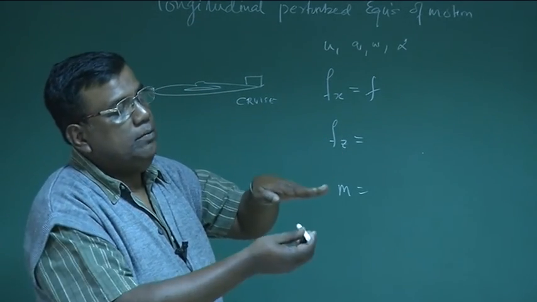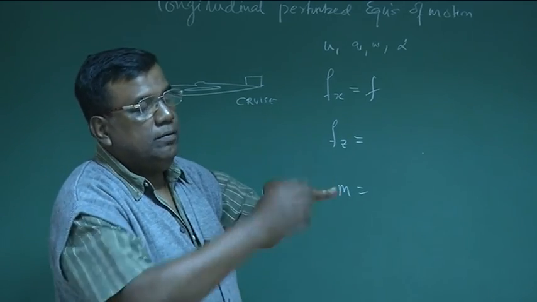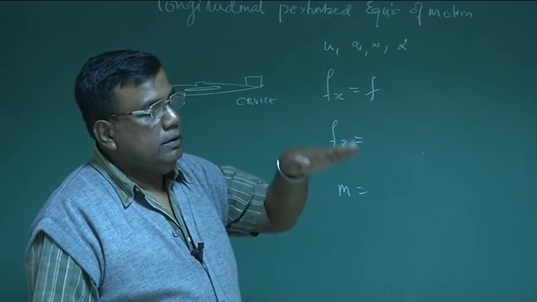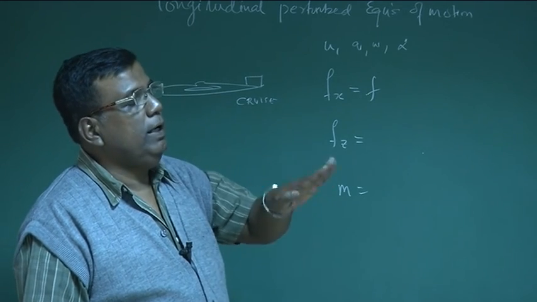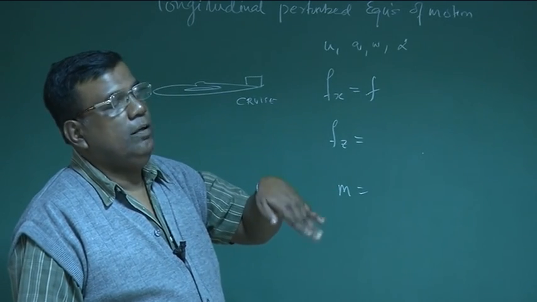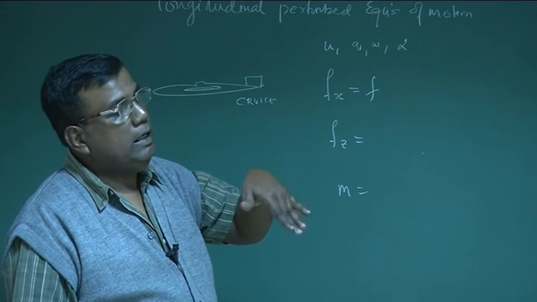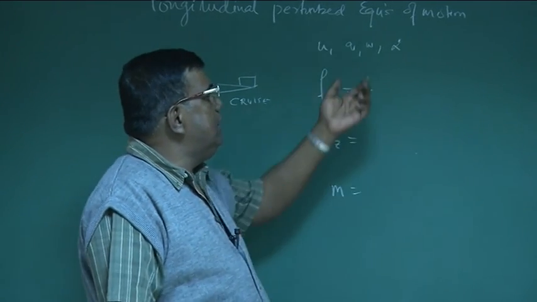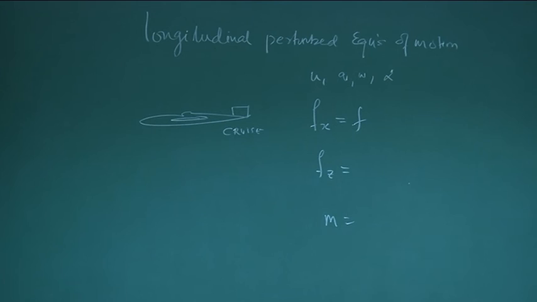Because alpha is the angle between the velocity vector and the vertical component, right? So this alpha dot also will be there, and it is doing like this. As it is doing like this, there will be q as well as alpha dot, because what rate it is moving. So it is very obvious that we should include alpha dot.